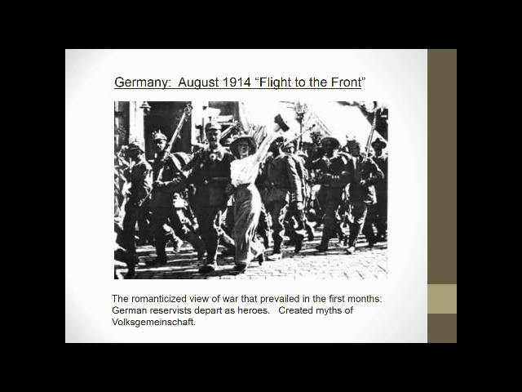This was a romanticized understanding of war, and one that the German nation, as well as the French and the British and the Russians and so forth, will soon learn is very much a myth.